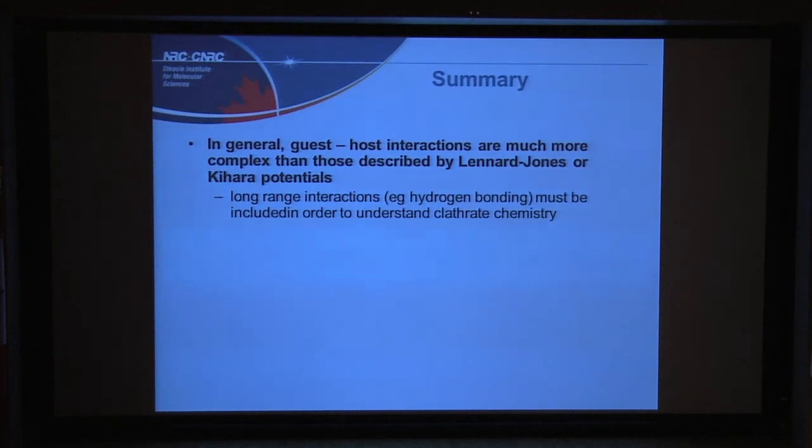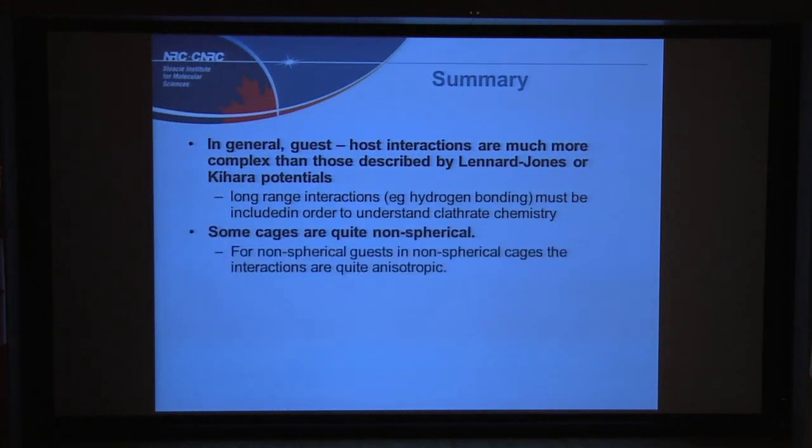So, summary. In general, guest-host interactions are much more complex than those described by Lennard-Jones or Kihara potentials. And the long-range interactions, such as hydrogen bonding, must be included in order to understand clathrate chemistry. Some cages are actually quite non-spherical, and for non-spherical guests and non-spherical cages, the interactions are quite anisotropic, and it's generally a bad approximation to assume otherwise.